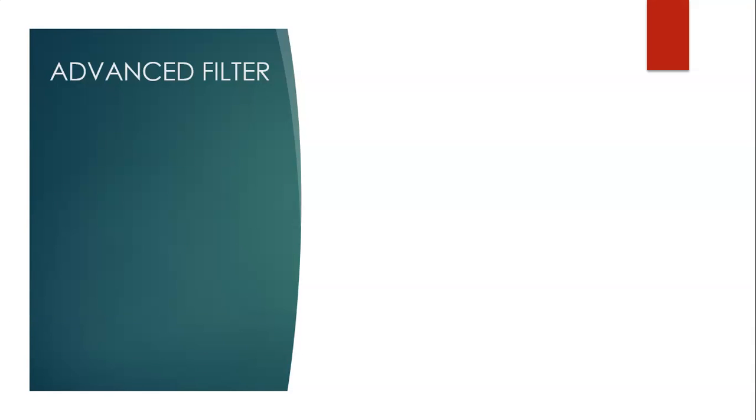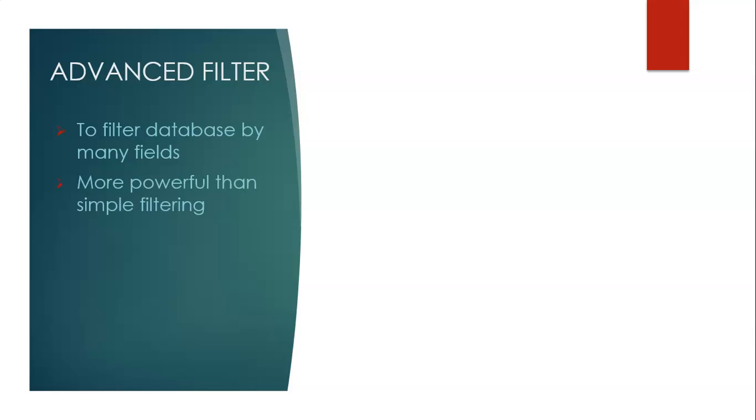Okay. Another filter we call the advanced filter, which is a bit more complicated feature to filter out your data. The advanced filter is used if you want to filter the database by more than one field or many fields.